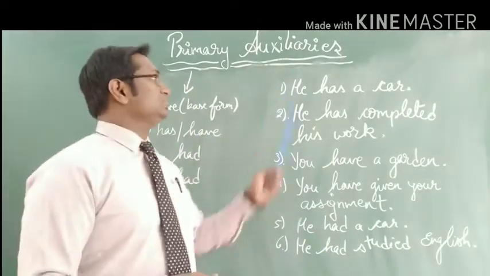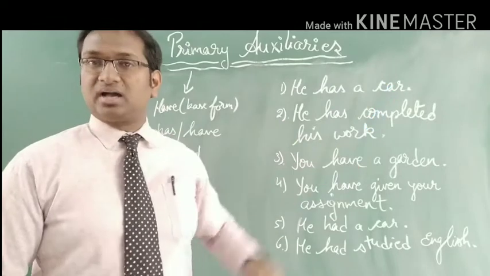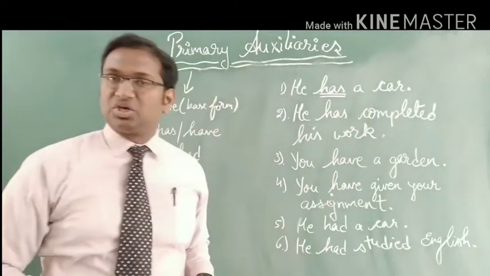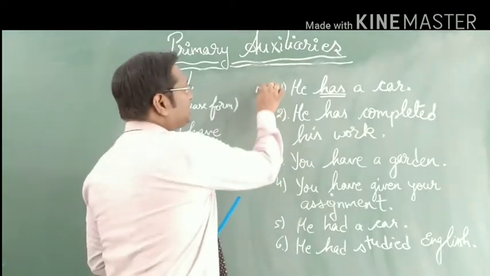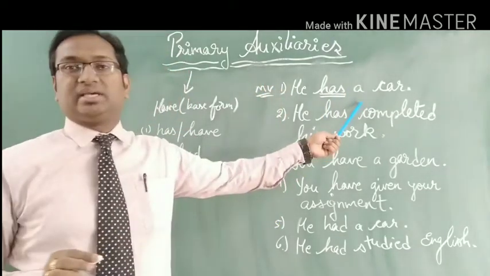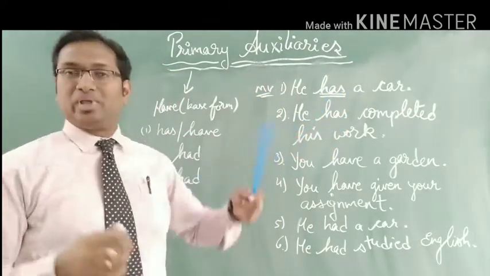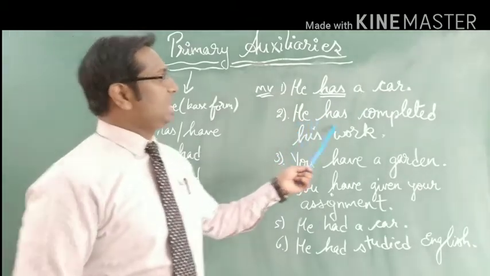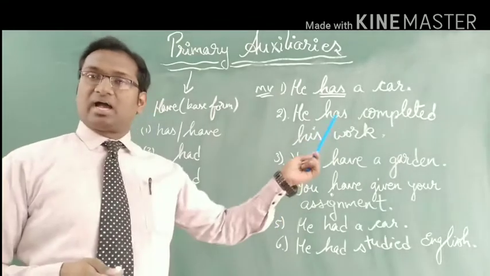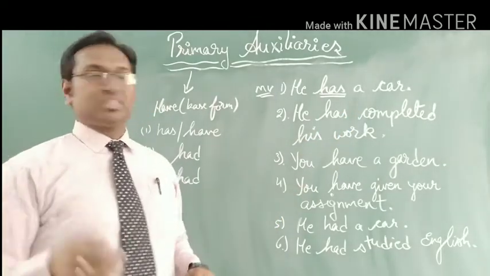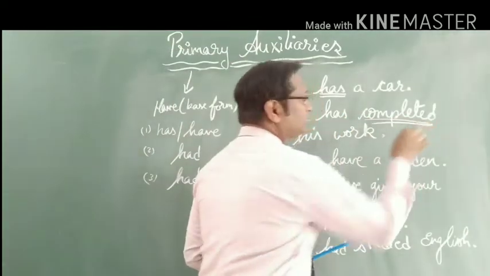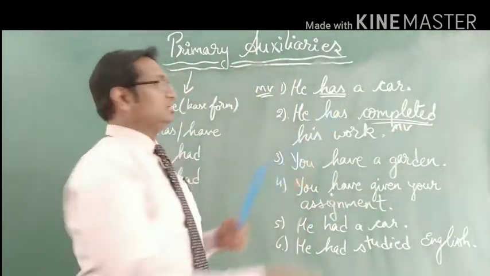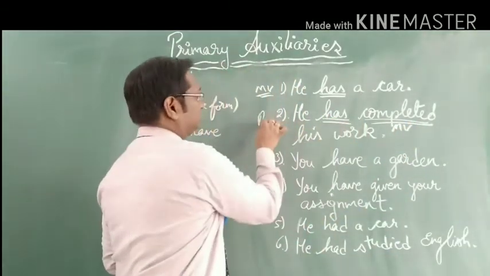See the examples. He has a car. Now this has is your main verb, because we don't have any other verb in the sentence. So this has will play the role of main verb. Second, he has completed his work. Again, see the main verb, and the main verb is completed, and the primary auxiliary is your has.